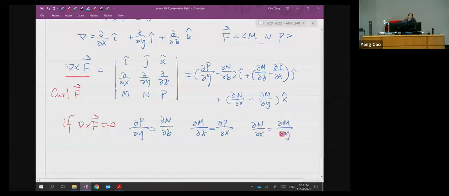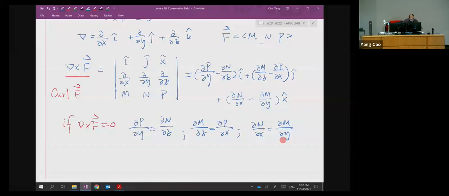If the three equations are satisfied, then you get all zeros, and this vector field is a conservative field. I'm not going to prove it here. There's a very simple proof in the lecture notes, but this is basically how you can show whether a vector field is conservative or not.